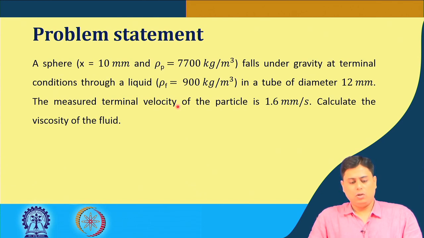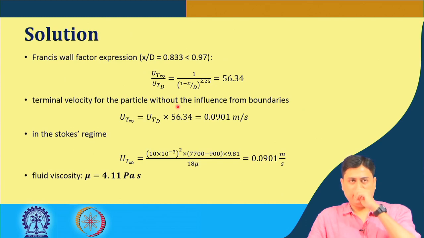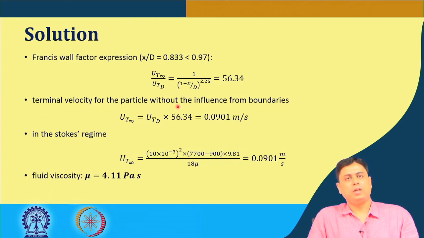So the point here, by applying this Francis wall factor expression, because here x by d you can see is near about 0.833, which is lesser than 0.7, that was the limit for applying Francis wall factor expression.